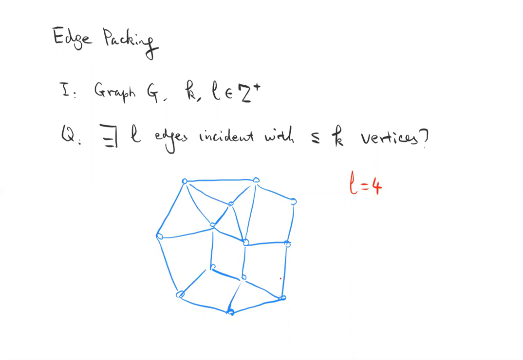A path is not good. For example, if you use this path, 1, 2, 3, you use 5 vertices, right? Here I can use 1, 2, 3, 4, so that only uses 4 vertices.